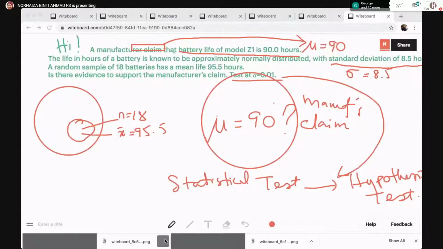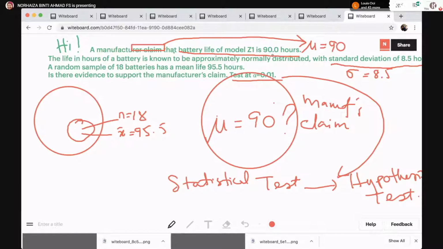So the jangkaan awal, or the hypothesis, is the claim. The manufacturer said, okay, my battery life is 90 hours. So that's a hypothesis. Here we'd like to check whether this hypothesis is true or not. That is the nature of a hypothesis test.